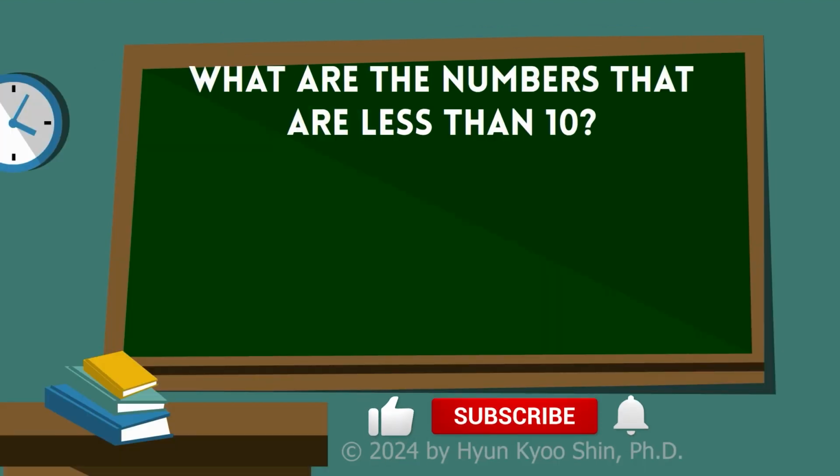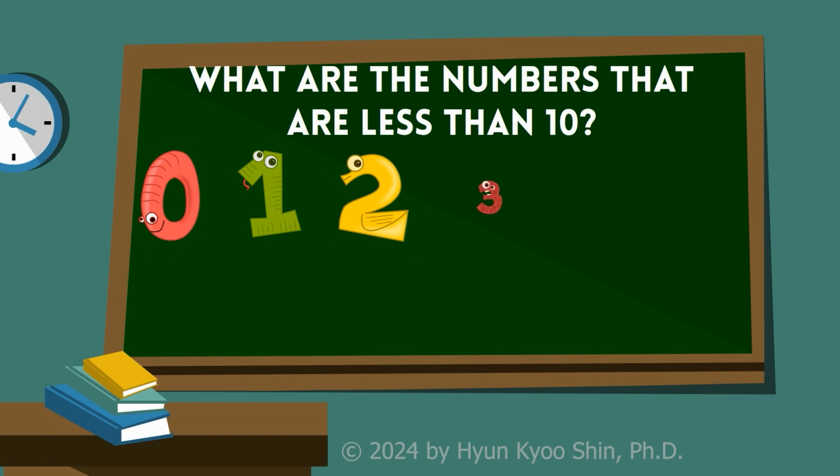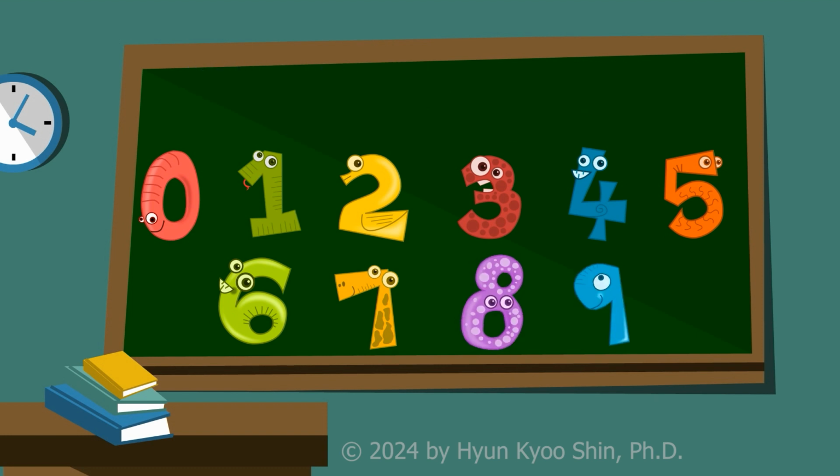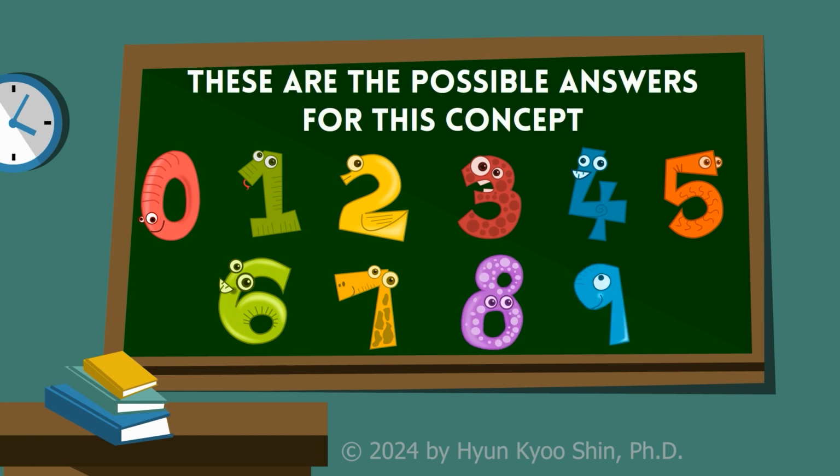What are the numbers that are less than 10? 0, 1, 2, 3, 4, 5, 6, 7, 8, and 9. These are the possible answers for this concept.